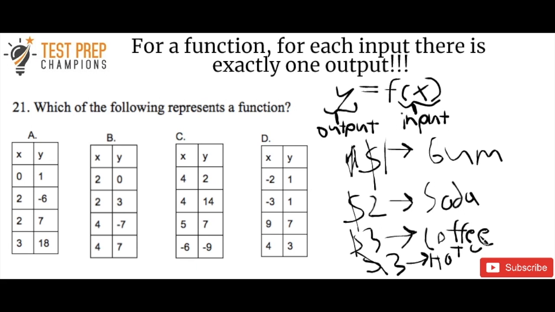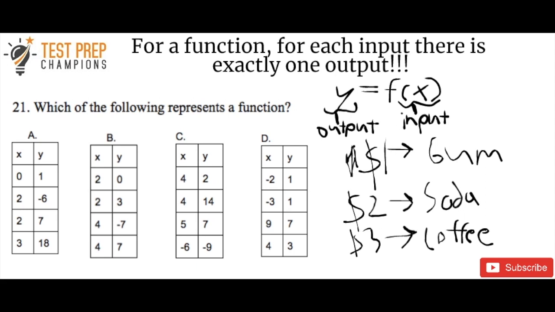Now, in a real-life store, of course, that could happen. Hot chocolate, which would sound good about now. But for the fictional example here, we could never see this, because that would mean there'd be two inputs giving you different outputs. So this would not represent a function.